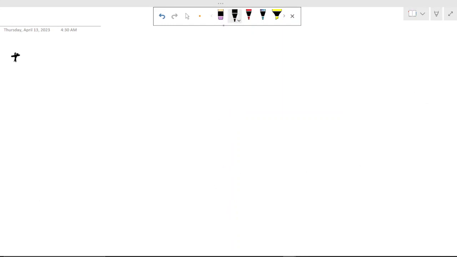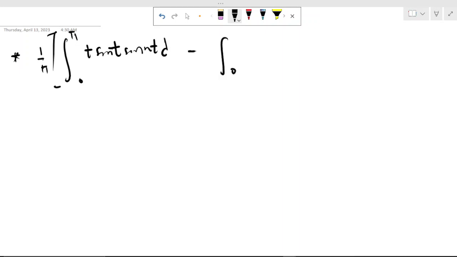So our original integral, we had 1 over pi going from 0 to pi of t sine nt dt minus going from minus pi to 0 of minus t sine nt dt.